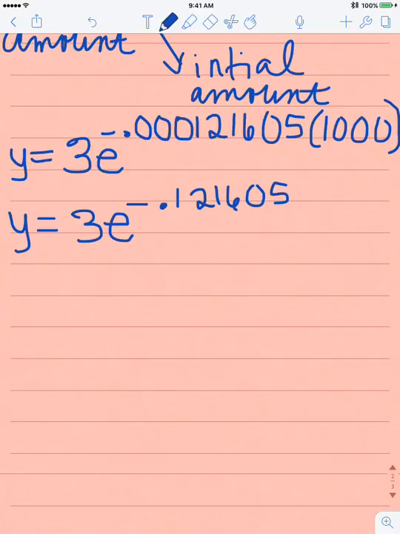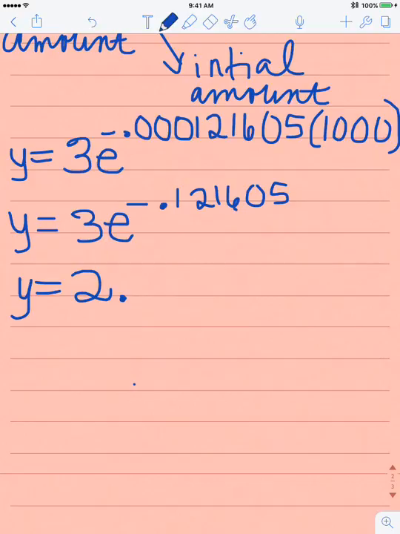And that is going to give me, when I round to the nearest 2 decimal places, 2.66. Y equals 2.66.